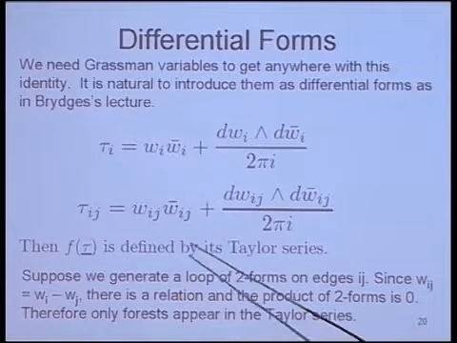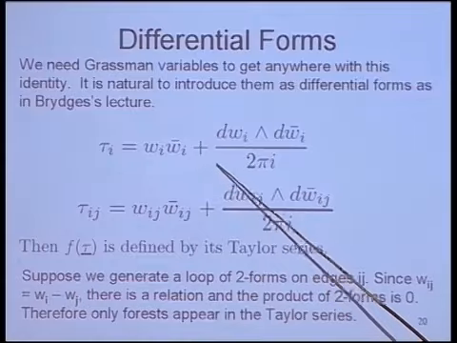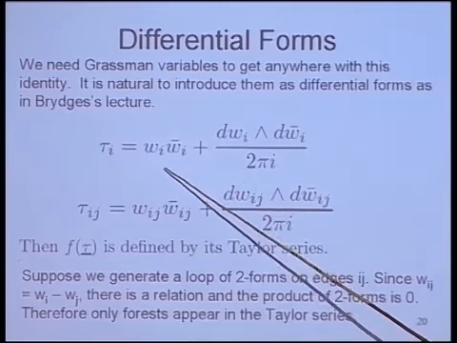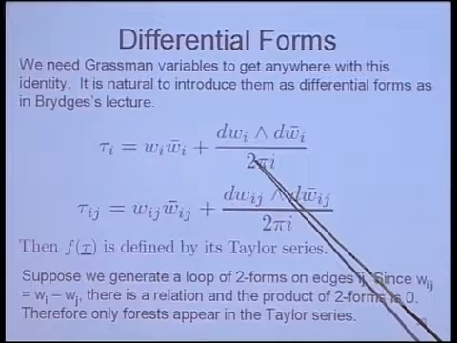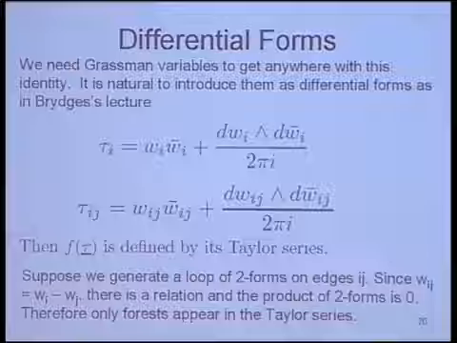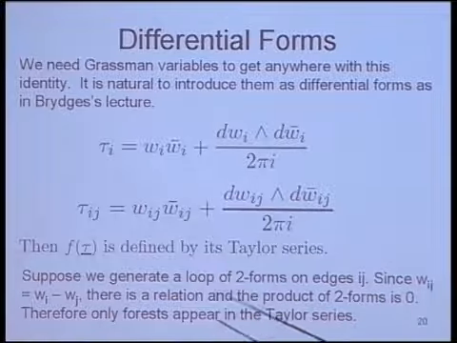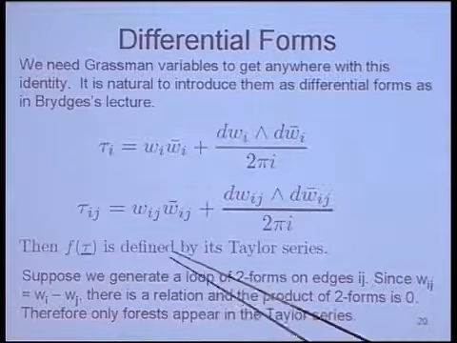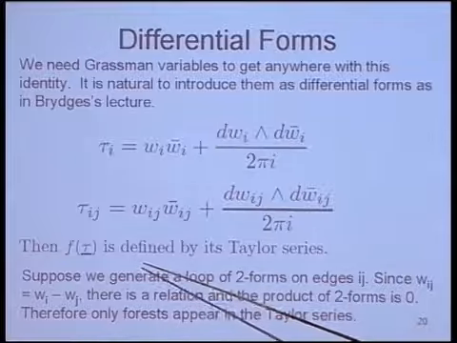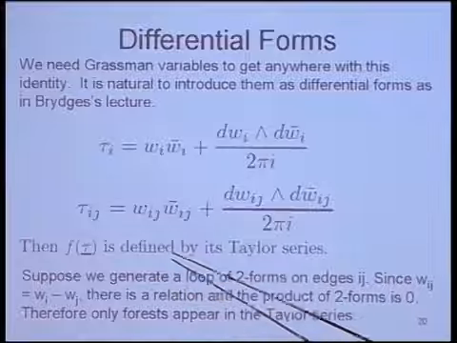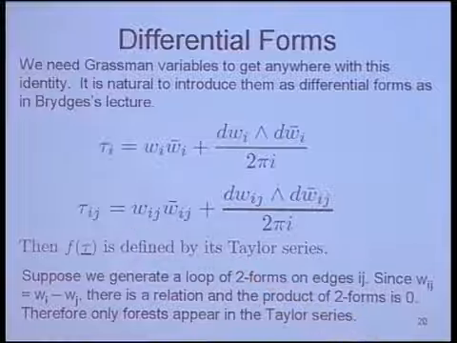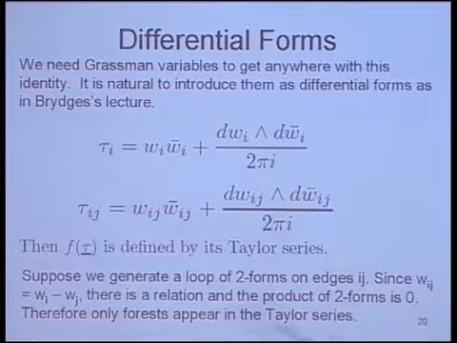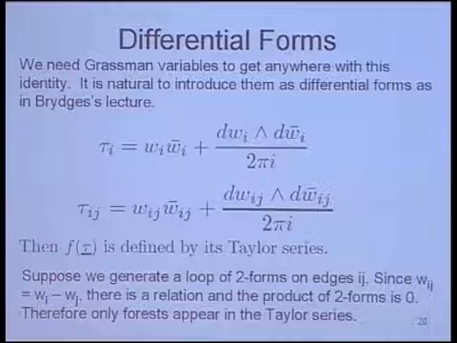So anyway, these are key formulas to define the right combination of W's and DW's to generate this forest root formula. Now, if we have a function of all these variables, the TI's and the tau i's and the tau ij's, it'll be defined by its Taylor series using the usual rules for multiplication of differential forms.